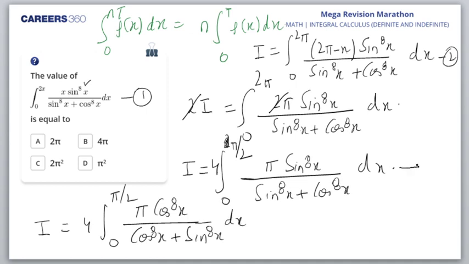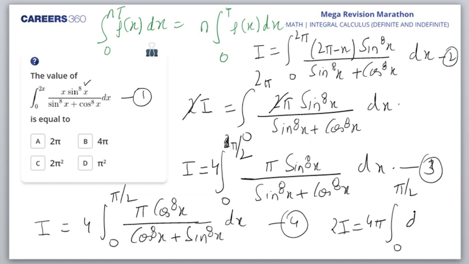Now I again add these third and fourth. So when I add, what do I get? I get 2I. 2I is equal to 4 pi, and sin 8x and cos 8x would cancel with the denominator. So it would be 0 to pi by 2 dx.